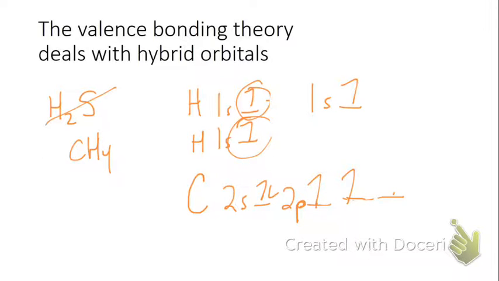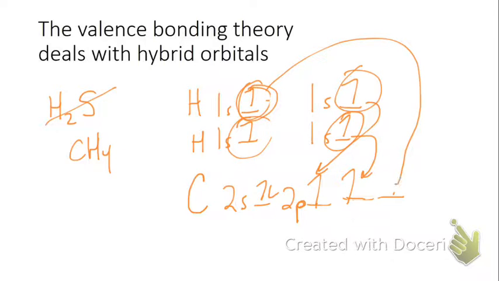So again, we have to add 2 more hydrogens. Well, we know this one can pair here, this one can pair here, this one can pair here. Oh, but wait. This one, let's do this in a different color, cannot pair there, right? Because there's no other carbon electrons. So what in the world are we going to do?